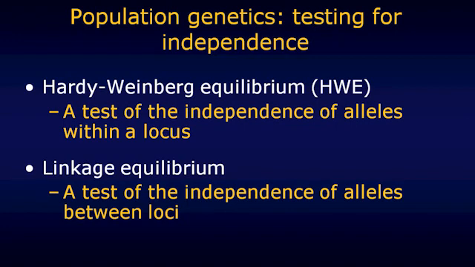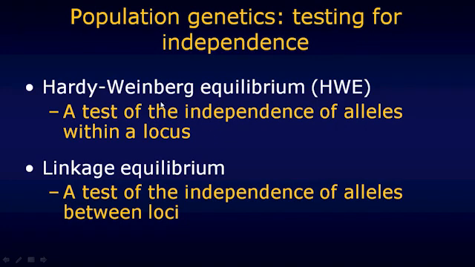There's some fairly elegant but also straightforward math associated with the Hardy-Weinberg equilibrium, but we don't need to get into that for the purposes of this video and what we're trying to do with these DNA profiles. All that we really need to establish is that there is a test that we can use to see if that first assumption is true, that alleles are independent of each other within a locus. And for that, again, we can perform the Hardy-Weinberg equilibrium test, and if we get a positive answer, we can come away with the understanding that it might not be unreasonable to multiply together those allele frequencies as we've been doing for the past few minutes.